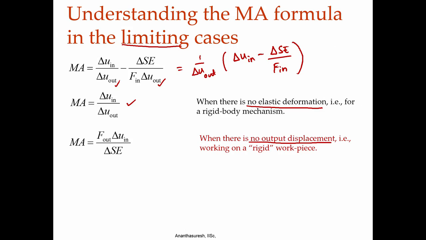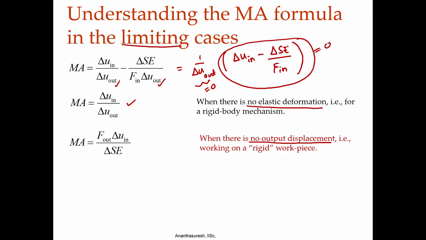Right. So, if you look at this, when this becomes 0, there is no output displacement, then we would say mechanical advantage is infinite. It is not, because the numerator here will also be equal to 0. The reason is, as we had seen in the derivation, the delta S E, the change in the strain energy, is equal to the input work minus the output work.